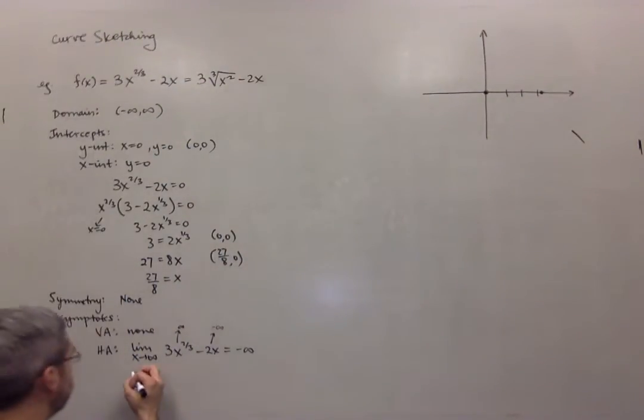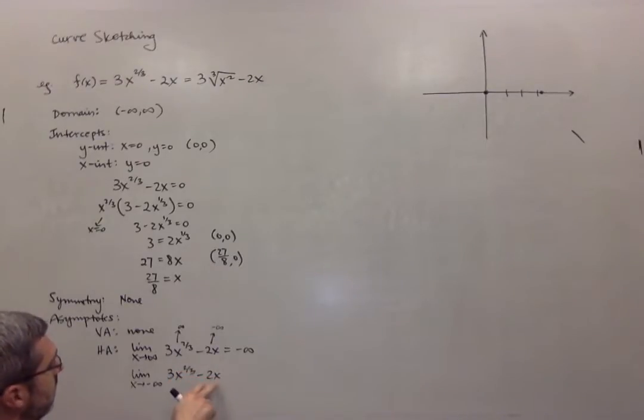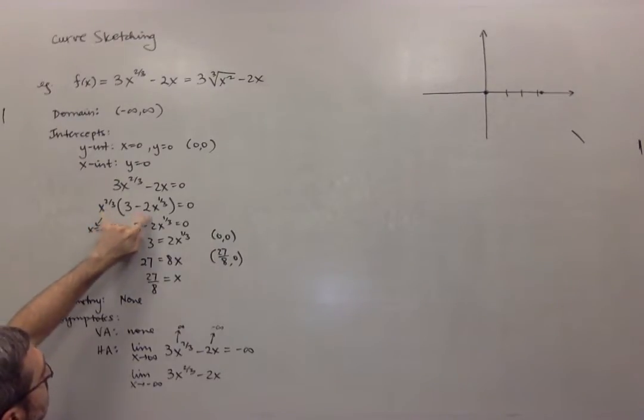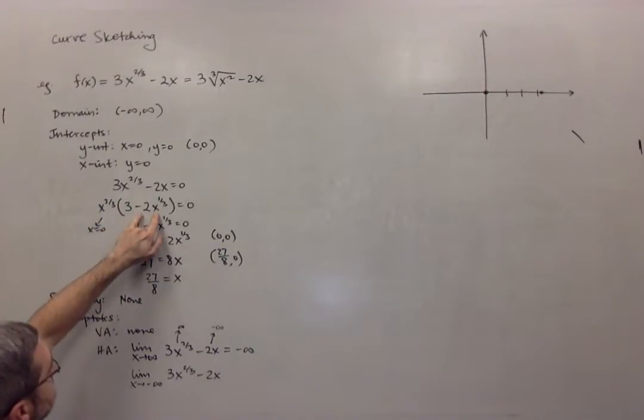When x goes to negative infinity, then what ends up happening is this thing is a positive number, it's something squared. And then this thing right here is actually also going to become a negative times a negative is going to give me a positive.